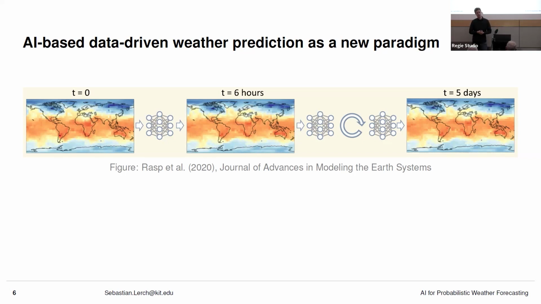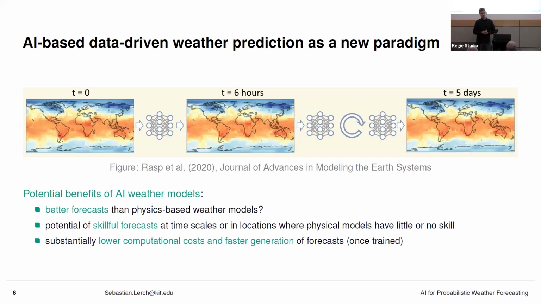So instead of using these partial differential equation models to get from one time step to the next, we could just learn how to do this using a machine learning model, because now there is a sufficient amount of past data available. So the first benefit of this might, of course, be better forecasts. So maybe we can actually do this better than using physical models. Or at the very least, we are not worse overall.